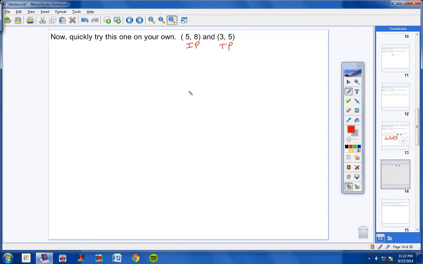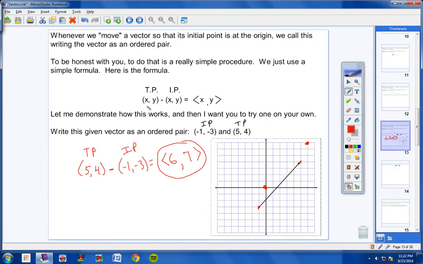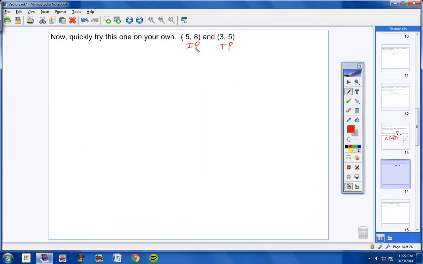I'm going to pause a second and just sit here and wait. I want you to use this formula that we just learned: terminal point minus initial point gives you the vector written as an ordered pair. Go ahead and try that on your own.